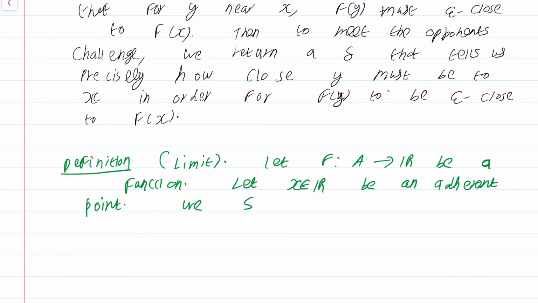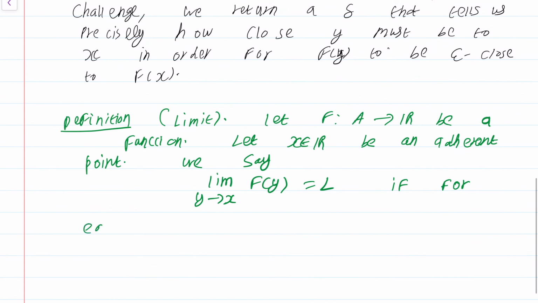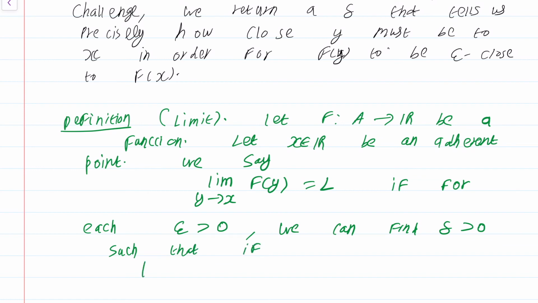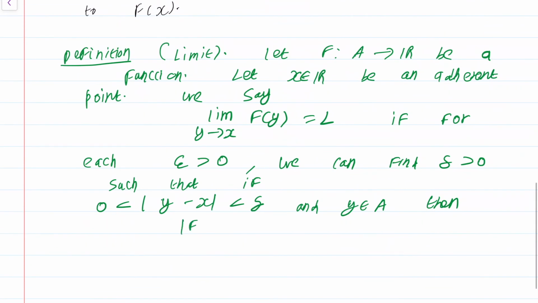We say limit y going to x of f of y equals L if for each epsilon greater than 0 we can find delta greater than 0 such that if 0 is less than mod y minus x is less than delta and y is in A, then mod f of y minus f of x is less than epsilon.